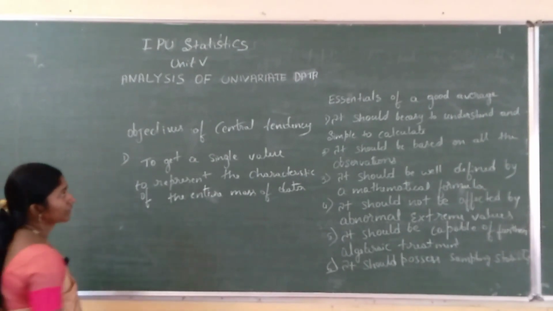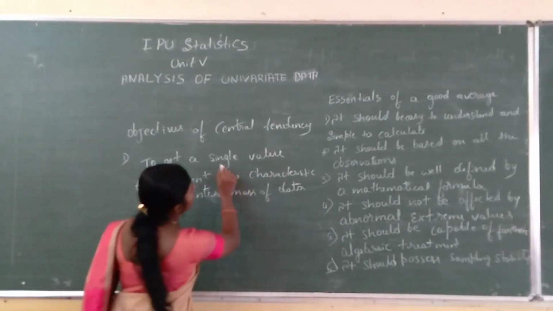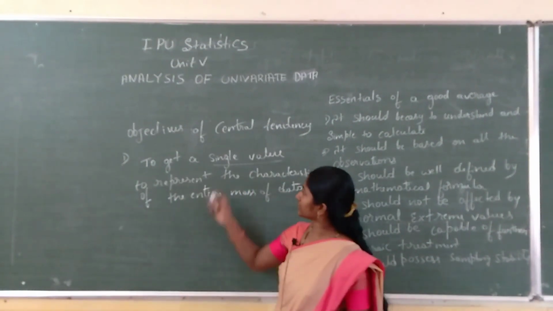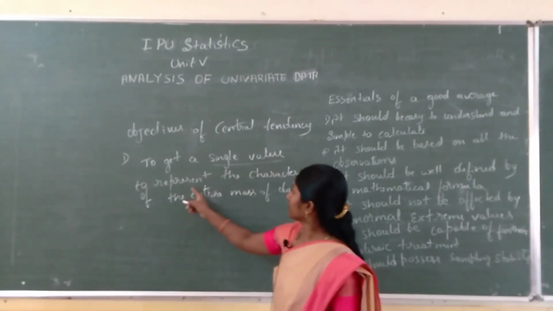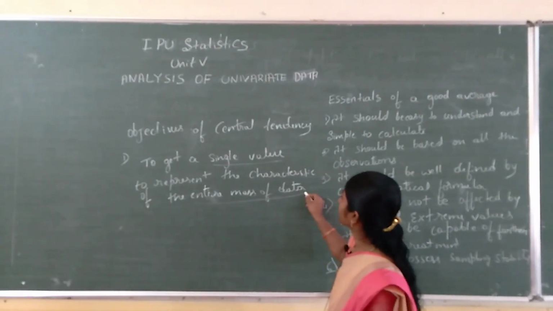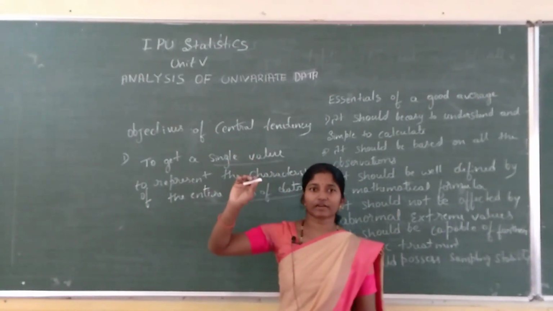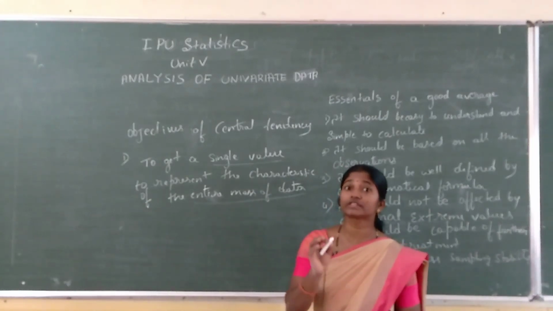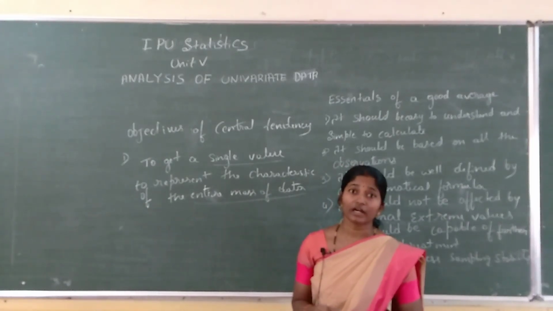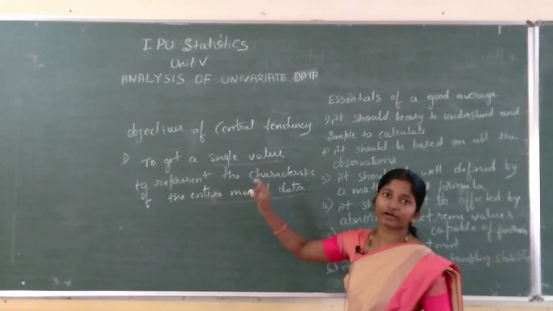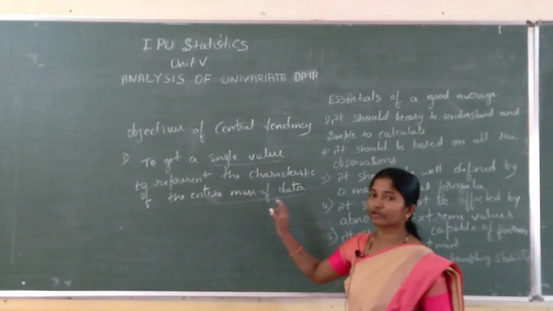Here also it is given: to get a single value that represents the characteristic of the entire mass of the data. So in central tendency, we are finding the single value that gives the idea of the entire mass of the data.